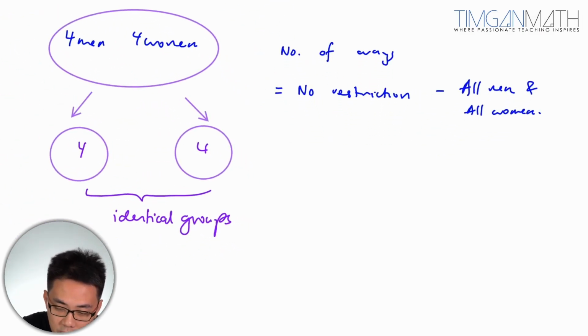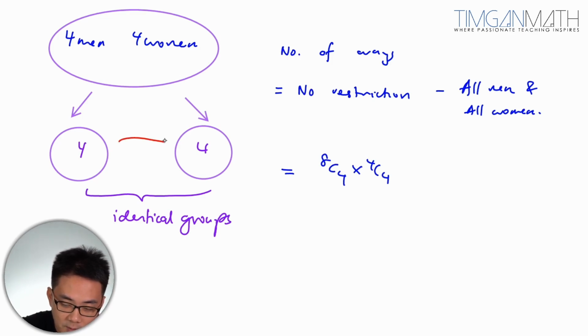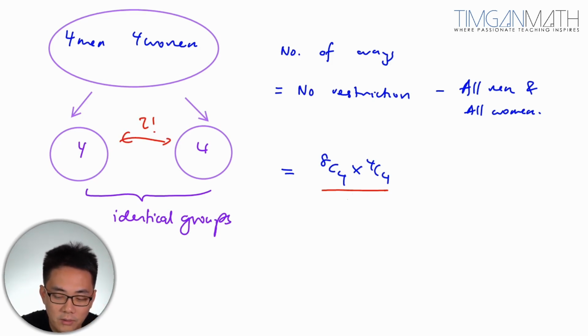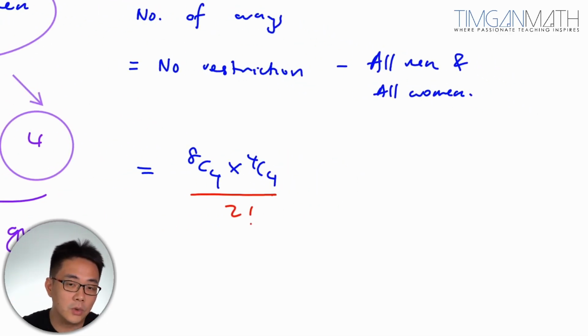So no restriction will just mean that it's 8 choose 4 times 4 choose 4. Because it's an identical group here, you must understand, which we go through in the class before, why we need to divide by 2 factorial. Okay, so if you've forgotten why you need to divide by 2 factorial, please check the notes in our notes, right?